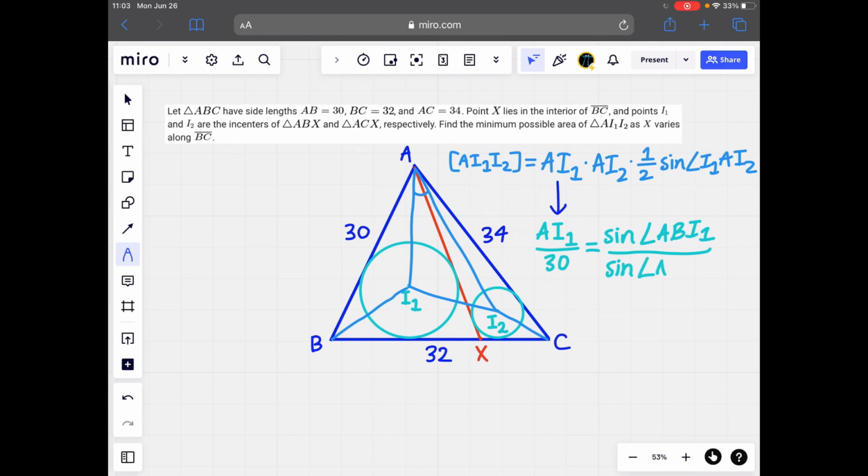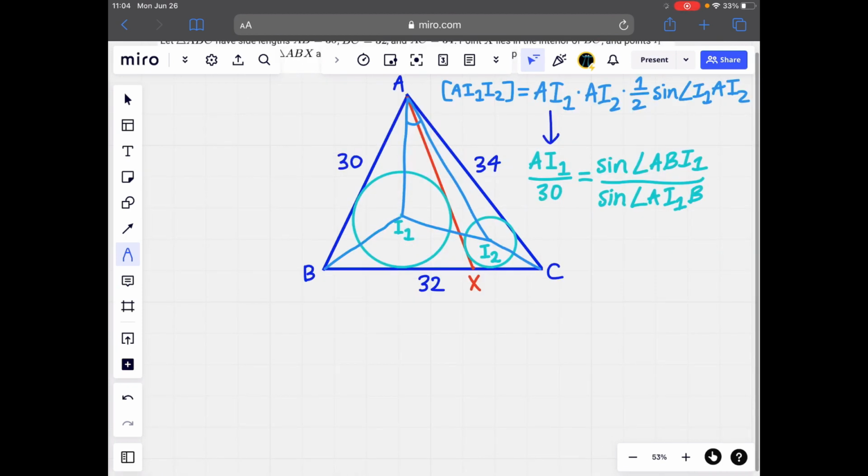That's the angle AI1B. The incenter is the intersection of the angle bisectors of a triangle.